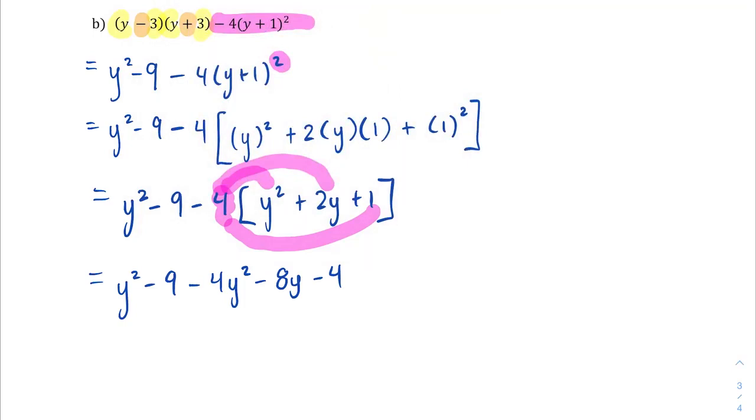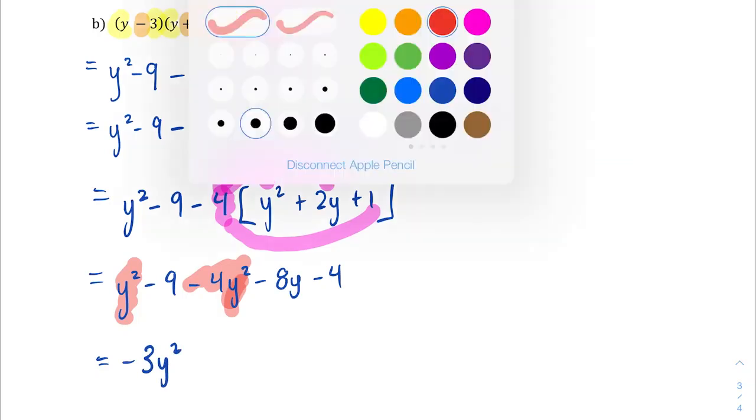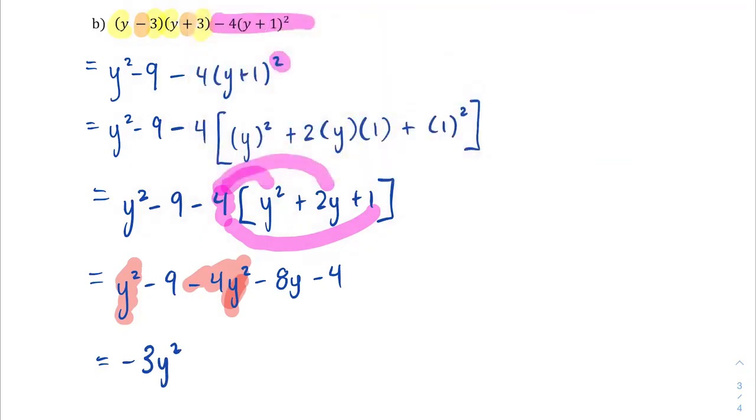So usually you want to put them in order of descending powers. So the first highest power is going to be y squared. So let's try to focus our attention on those terms. y squared minus 4y squared will be negative 3y squared. Then you look for the second highest power.